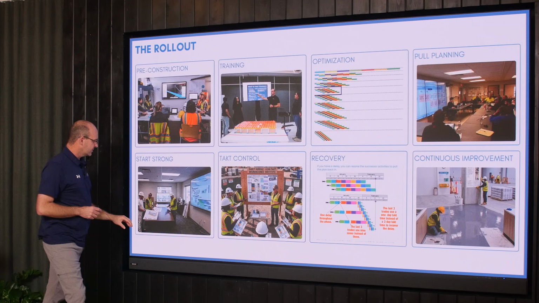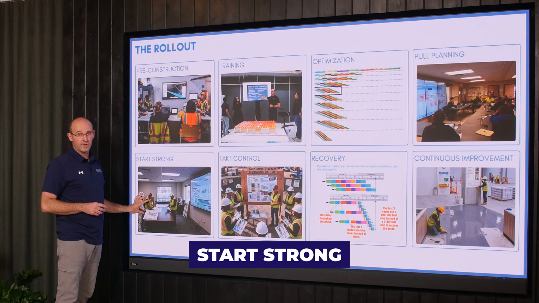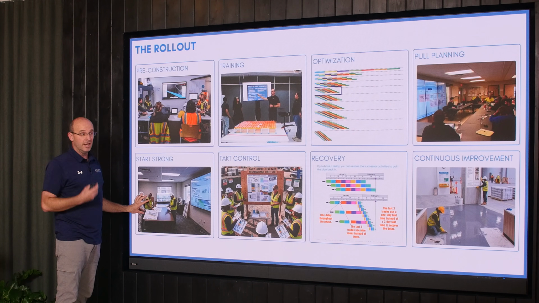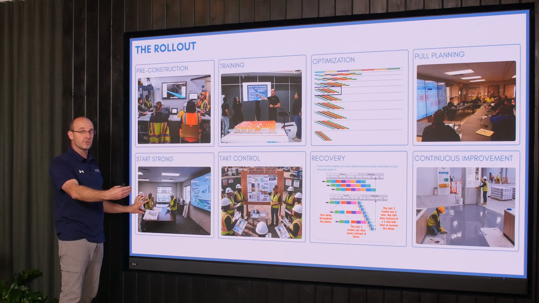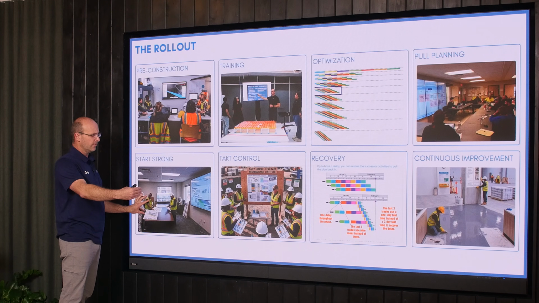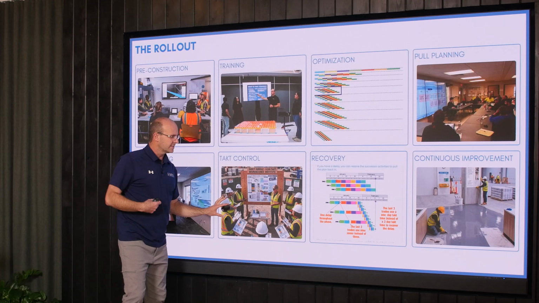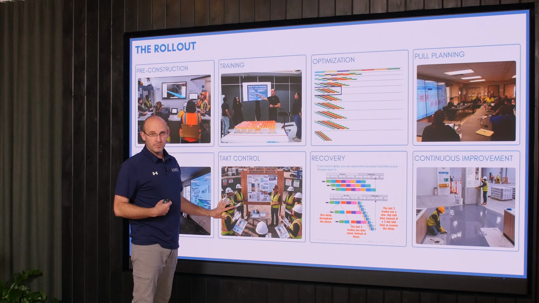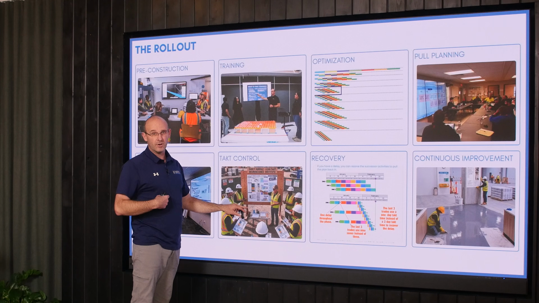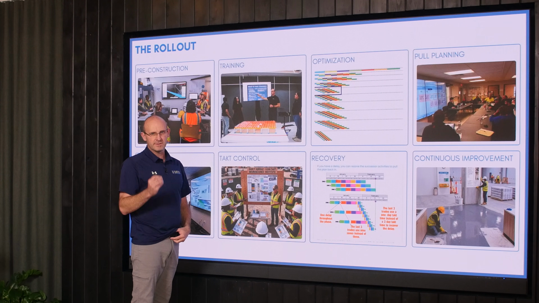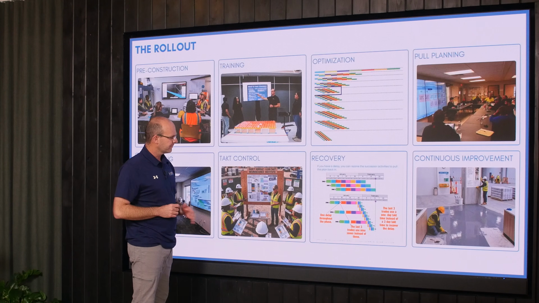That then enables us to start the project strong to where when you do your pre-construction meeting, you're able to enter into the zones properly ready the first time in the train of trades in flow. And what we do is every day we plan the day in the foreman huddle, communicate in the worker huddle, and then monitor how we're progressing through these zones and the handoffs real time daily at the handoff areas.